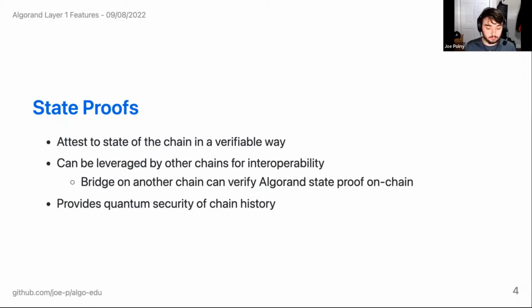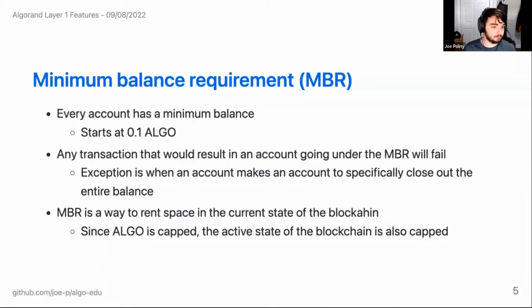So interoperability is very important, and state proofs are one of the ways to enable that. This is a pretty complex topic, so I'm not going to go too in depth. The main takeaway, though, is that Algorand is designed to be interoperable in the future with other chains.